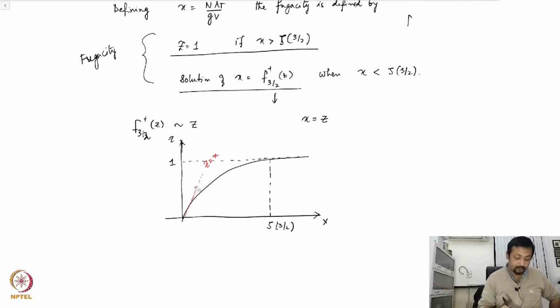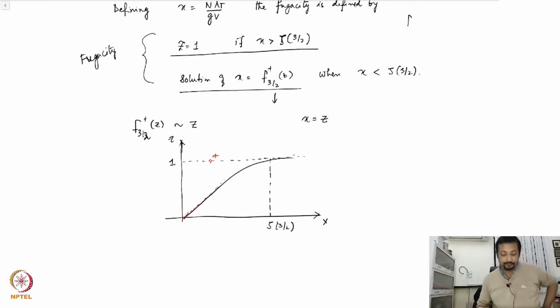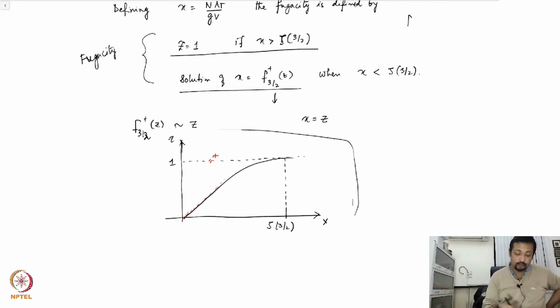Not really drawn to scale, so let's just quickly draw it first. For small enough x I'm going to have a straight line, and you expect that the curve becomes something like this. So let's shift it a little bit to the right so that we can say that this is going to be your zeta 3/2. So this is how your curve should look.